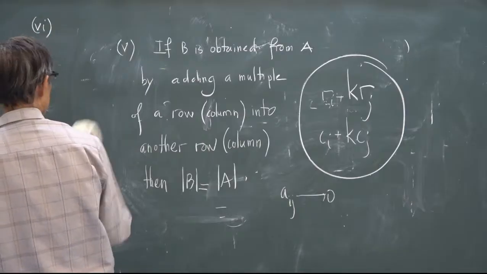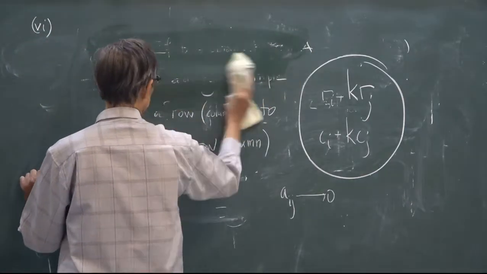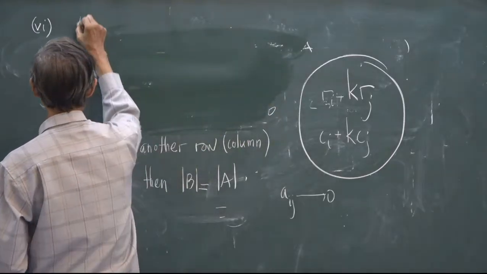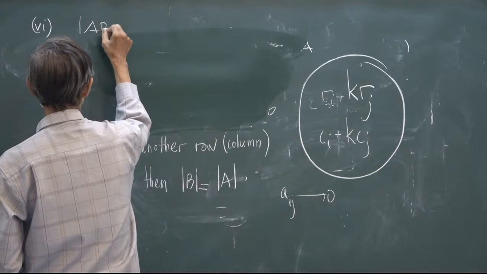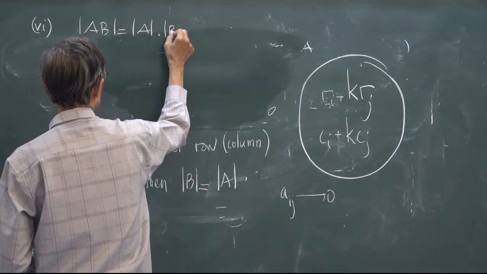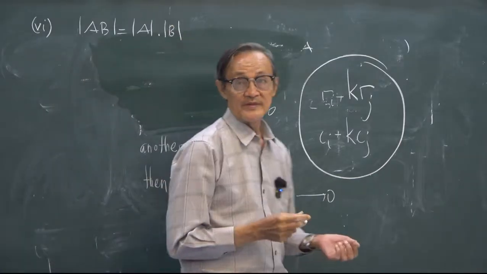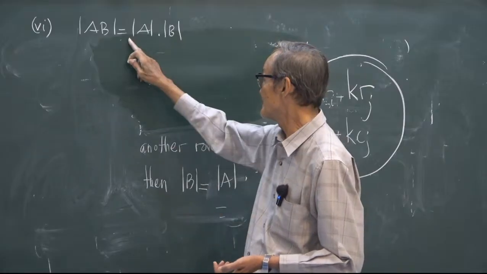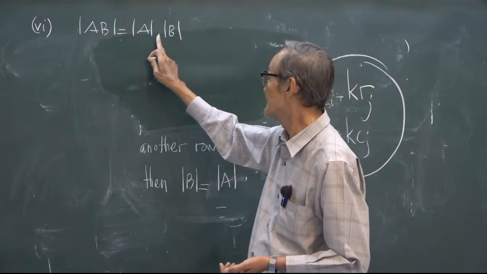Now, property number 6. The determinant of A times B equals the product of the determinants.